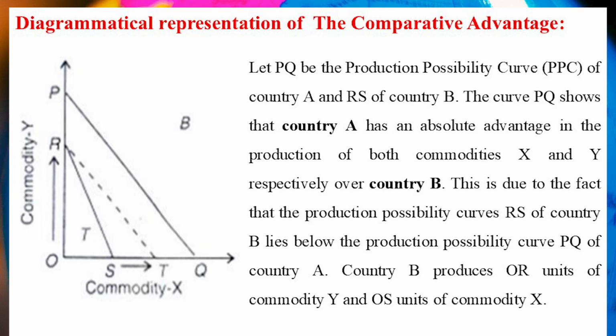That is, country A can produce both commodity X and commodity Y at an absolute advantage, and the PPC curve shows that country B can produce less compared to country A. This is due to the fact that the production possibility curve RS of country B lies below the production possibility curve PQ of country A. Country B produces QR units of commodity Y and OS units of commodity X.